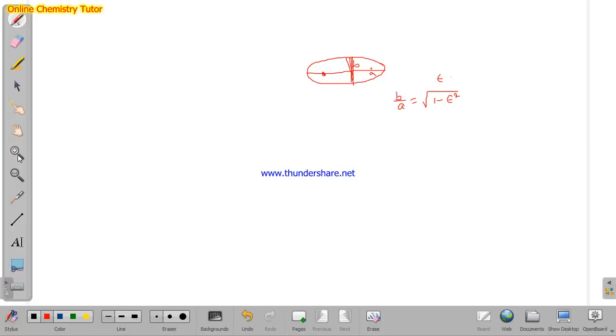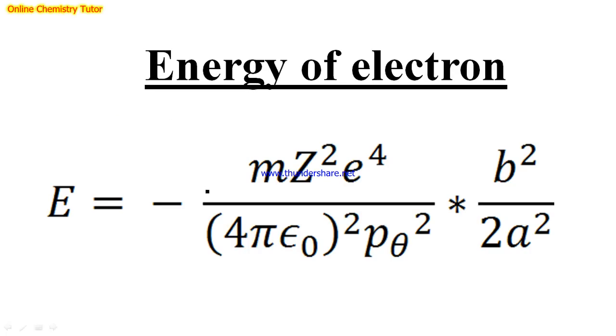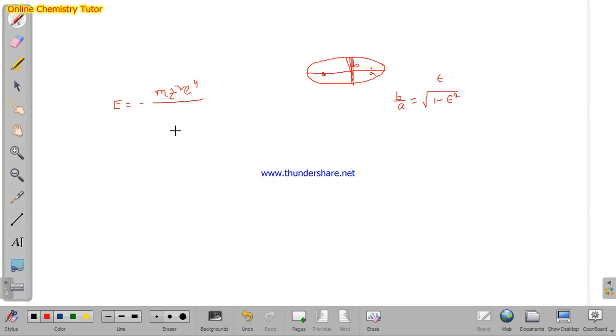We are writing here E equal to minus m z square e to the power 4 by (4 pi epsilon naught) square p theta square into b square by 2a square.